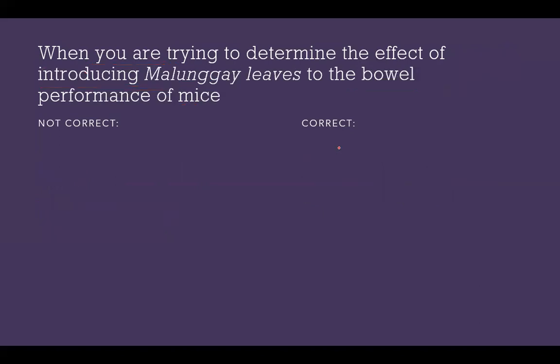Next, let's try the earlier example. When you are trying to determine the effect of introducing malunggay leaves to the bowel performance of mice, some of you, as I've said, answered with one word.